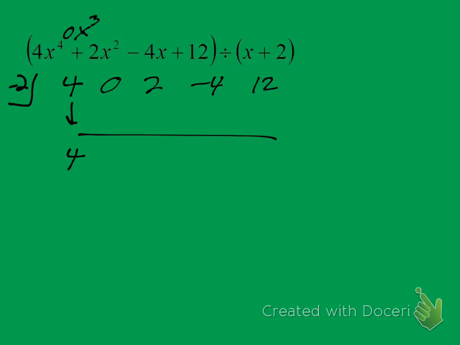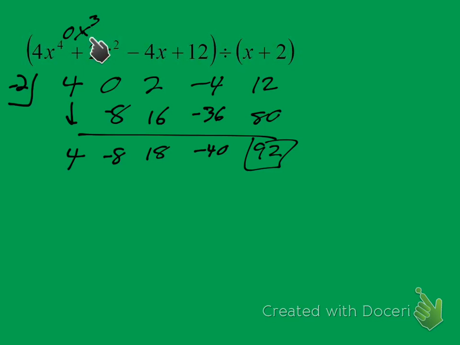So when we go, now let's bring it. So 4, get a -8, -8, 16, 18, -36, -40, 80, and 92. So now, even though an x cubed doesn't show up here, it still shows up in your answer.